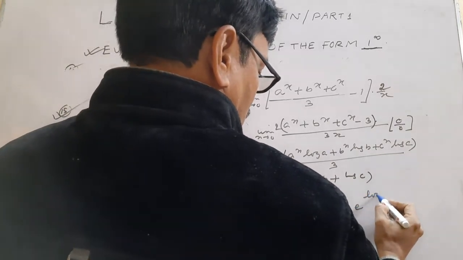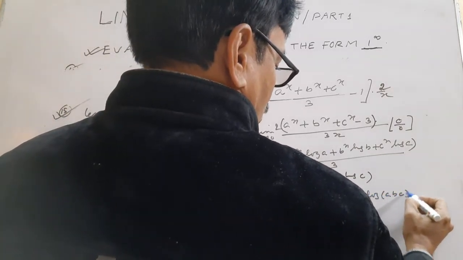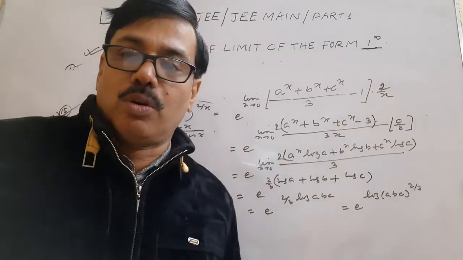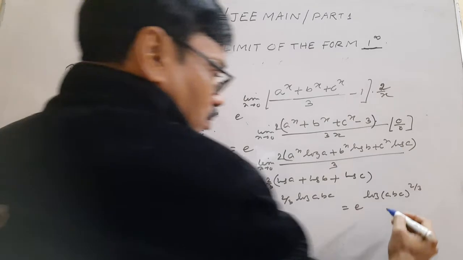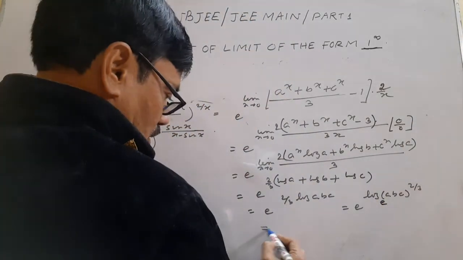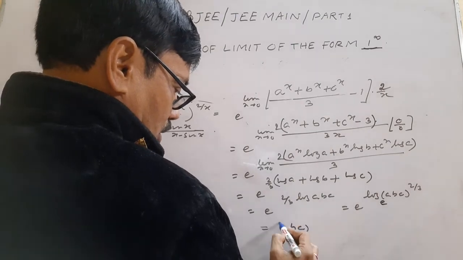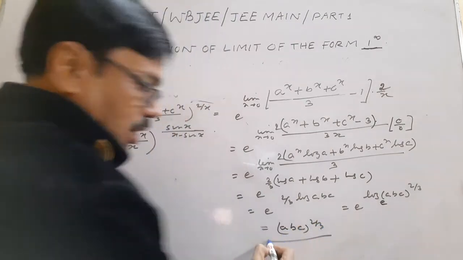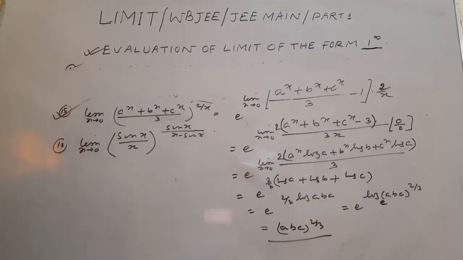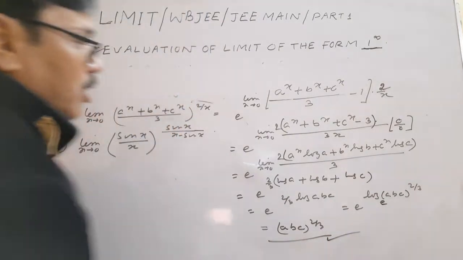So e to the power log (abc) whole to the power 2 by 3, by property of log. Now what is the base? Base is e. So e to the power log x is x. So the answer is (abc) whole to the power 2 by 3.